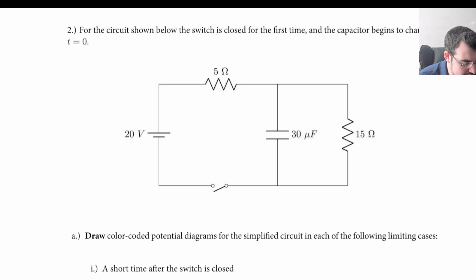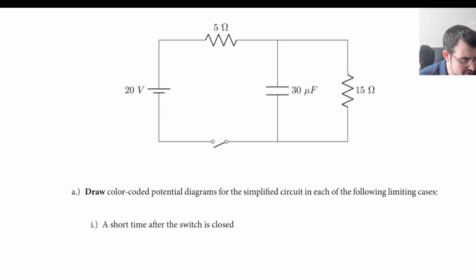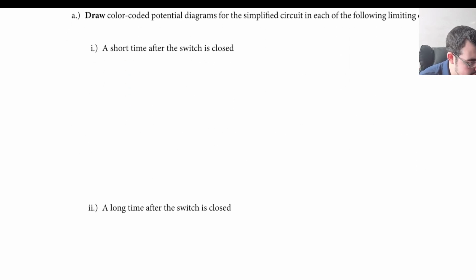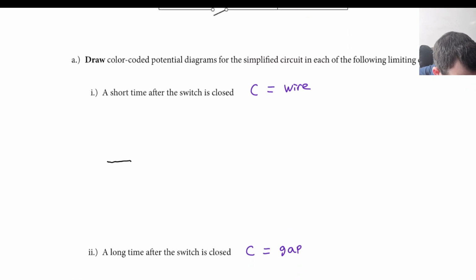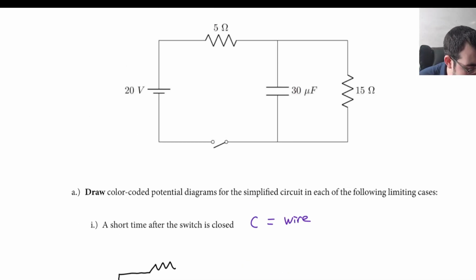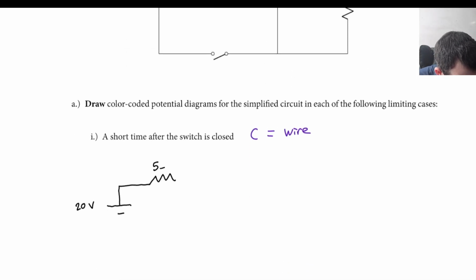Draw color-coded potential diagrams for the simplified circuit in each of the limiting cases, short and long times. So regardless of how complicated your circuit is, we know that C is equal to a wire in short times, and C is equal to a gap at long times. So I'm going to draw my sketch of everything but the capacitor. So you're 20 volts. You are 5 ohms.